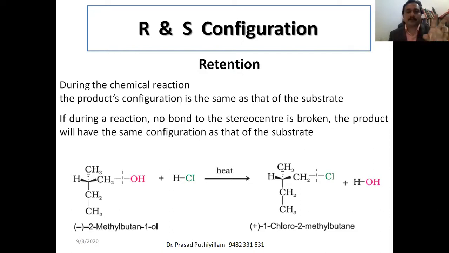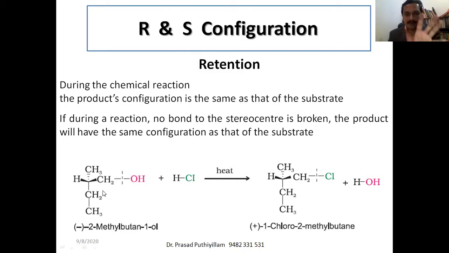It is given that (-)-2-methyl butan-1-ol reacts with HCl on heating and gives 1-chloro-2-methyl butane, and a plus sign is given here. Plus sign means it is dextrorotatory; the plane polarized light is rotated to the right side direction. Nothing to do with the RS configuration.